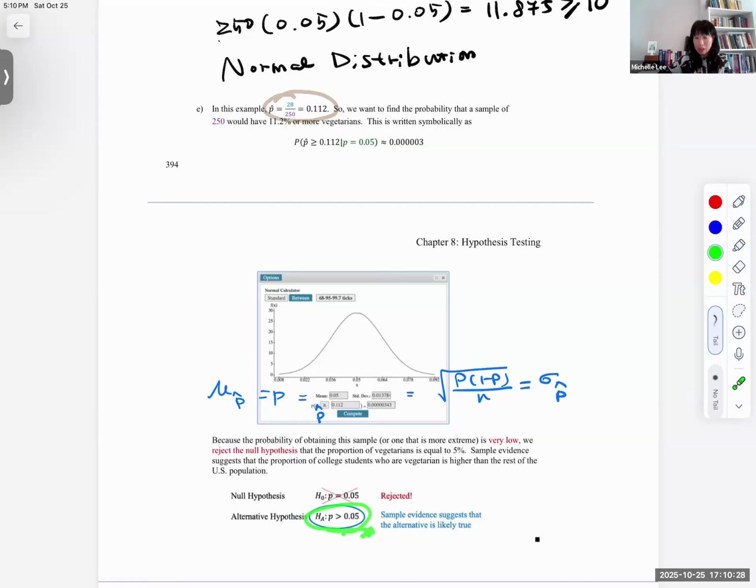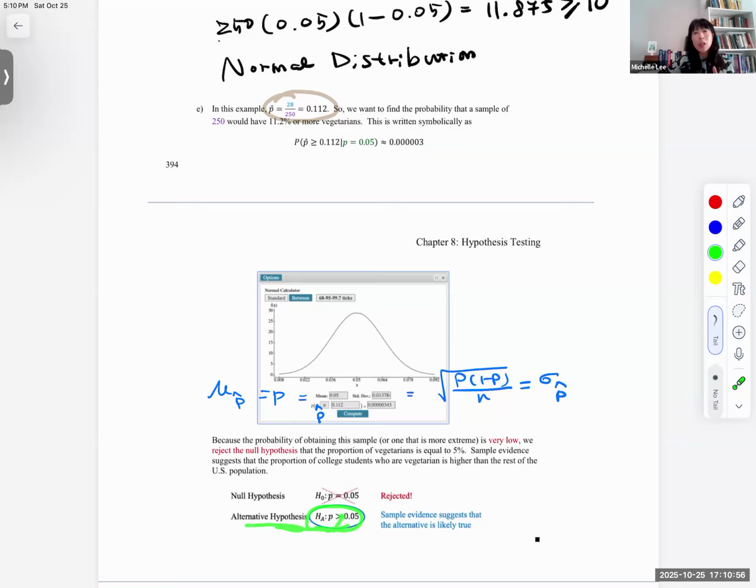This is the same question. Because the population probability is very low, so tiny, that's impossible, right? So we take it must be higher than 5%, so we take the alternative hypothesis.